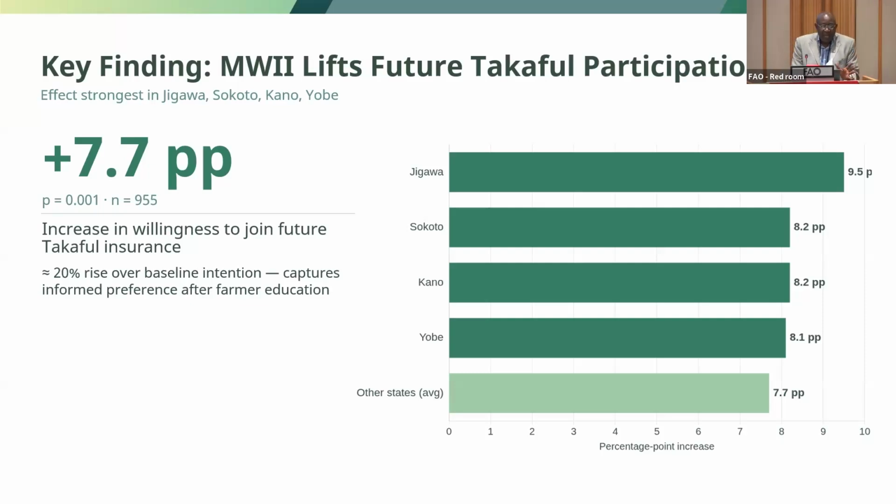But we had some heterogeneous disparity across the states. For example, in Jigawa State, the number of people that indicated willingness to participate in future mutual weather index insurance was about 9.5 percentage points, followed by Sokoto, Kano, and Yola.